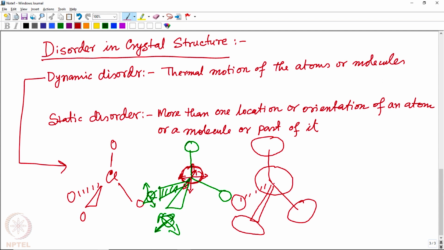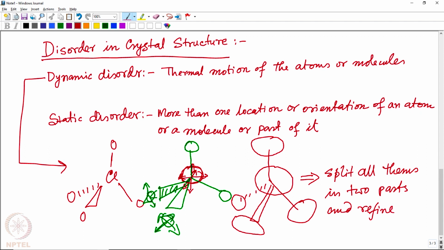One can treat this data by splitting all the atoms into parts. So what you do is you split all the atoms in two parts and refine with some constraints.